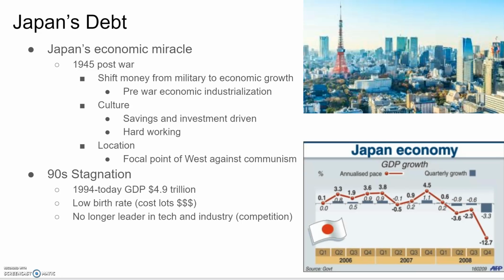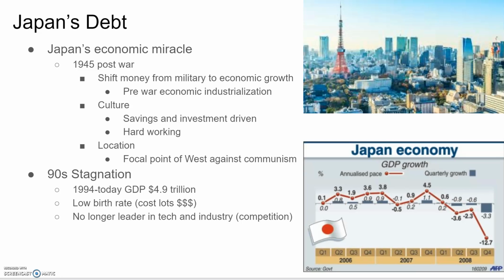So in the 1990s, a big problem happened. Their economy started to stagnate. If you go back and look at 1994, their GDP was roughly $4.9 trillion, which is pretty much what their GDP is today. That means they have not really grown as an economy in almost 15 years now.